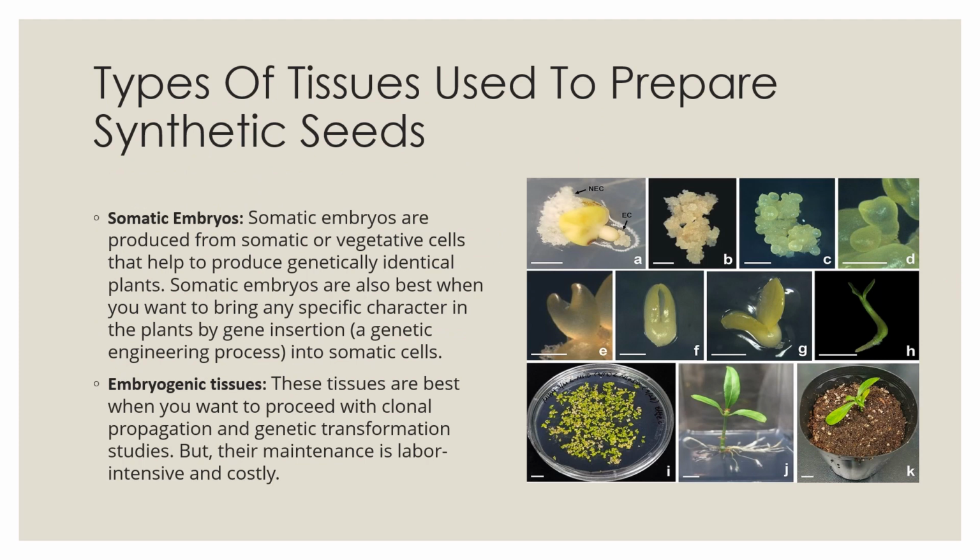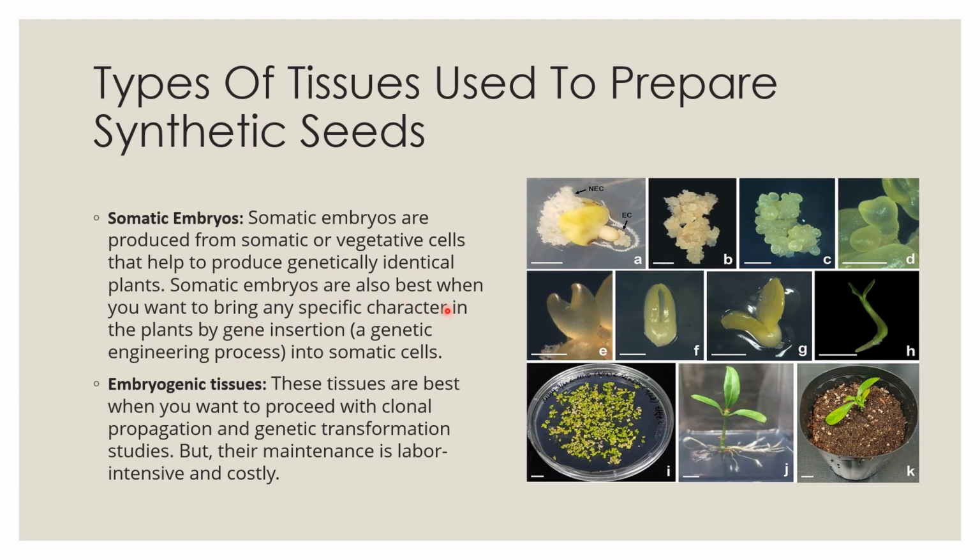Types of tissues used to prepare synthetic seeds: there are four. Somatic embryogenic tissues, apical buds, and the protocorms. Somatic embryos are produced from somatic cells or vegetative cells, which help to produce genetically identical plants.